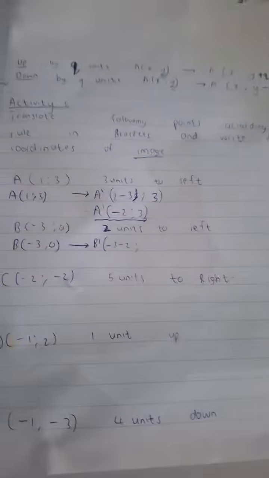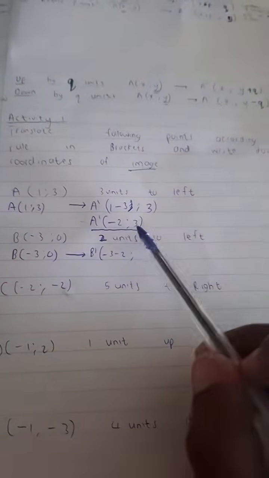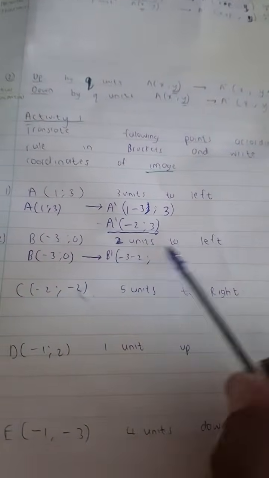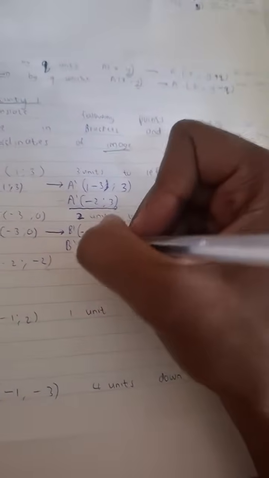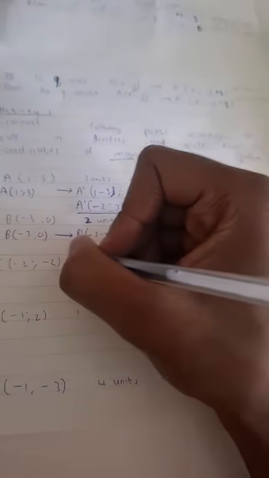X is affected, and we subtract 2 units, because remember 2 units to the left, so that means minus 2 to the negative 3. Let's be very careful while Y stays the same. So that means the image of B will be negative 5 and 0. Very good, Babeska Forever.